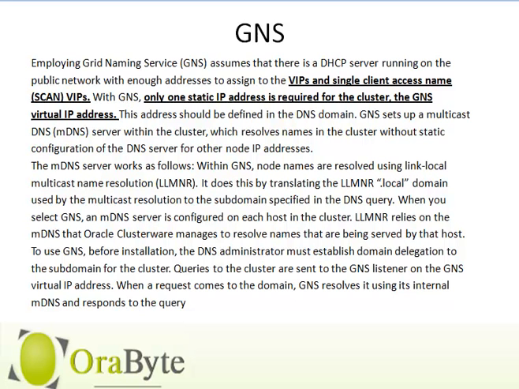When you select GNS, an MDNS server is configured on each host in the cluster. LLMNR relies on the MDNS that Oracle ClusterWare manages to resolve names that are being served by that host.